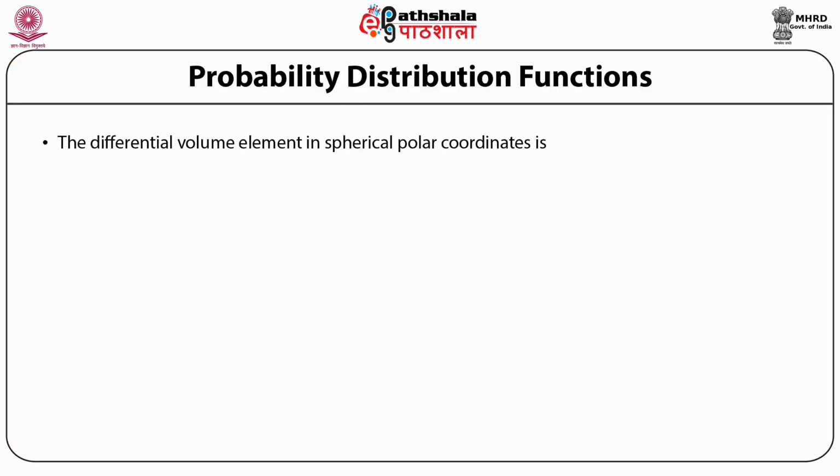Probability distribution functions. So students, let us now discuss the probability distribution function. The differential volume element in spherical polar coordinates is given by dτ is equal to r² sinθ dr dθ dφ.